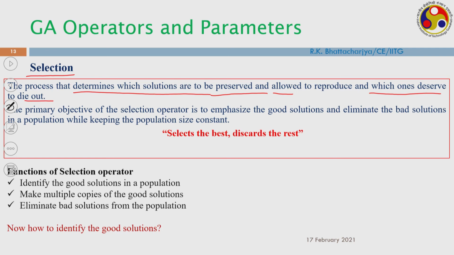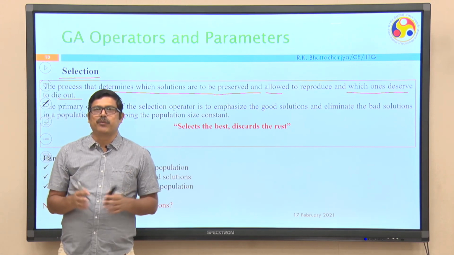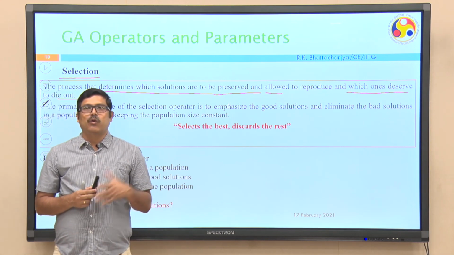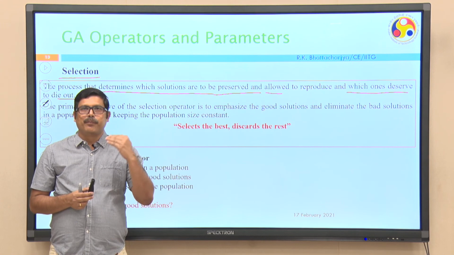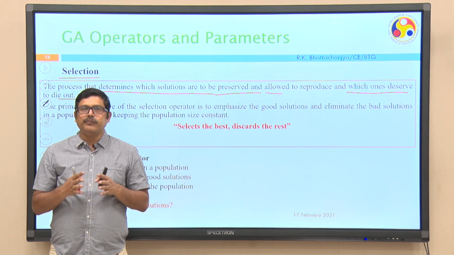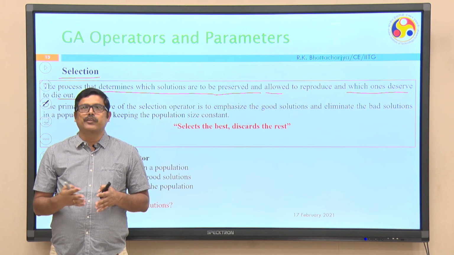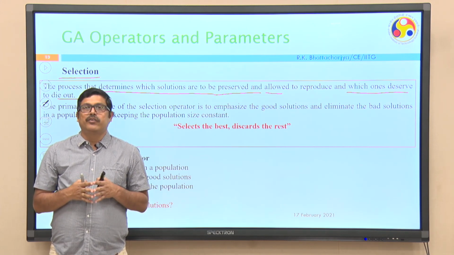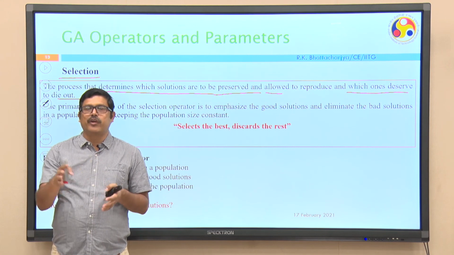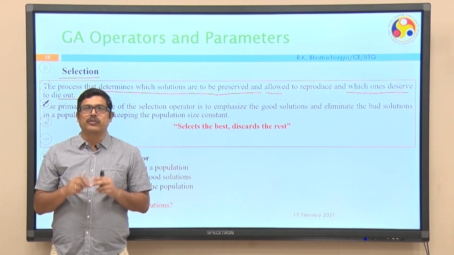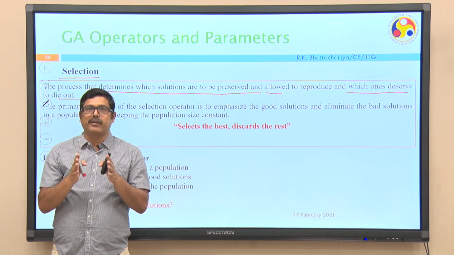The primary objective of the selection operator is to emphasize the good solutions and eliminate the bad solutions in a population while keeping the population size constant. Suppose you have 100 solutions in a population. This operator will create multiple copies of the better solutions, eliminate the worse or inferior solutions, and maintain the same population size.